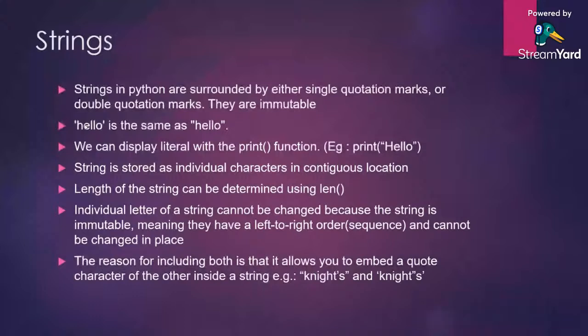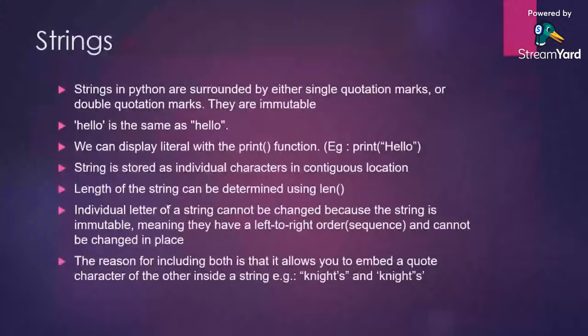We can display a literal with the print function directly. That's what we have been doing till now. A string is stored as individual characters in continuous locations. The length of the string can be determined using len. An individual letter of a string cannot be changed because the string is immutable, meaning it has a left to right order, a sequence, and cannot be changed in place.